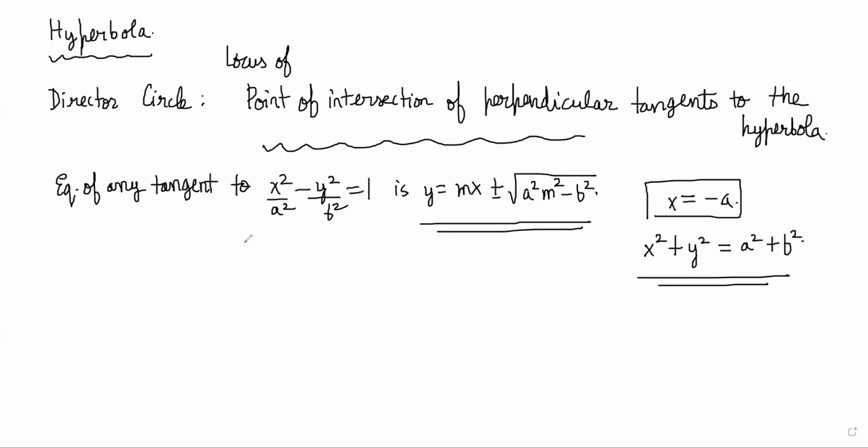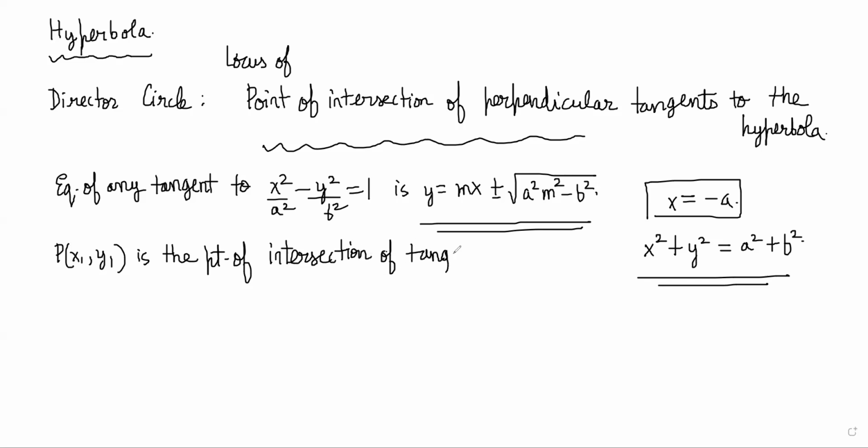Now suppose point P x1 y1 is the required point of intersection. So P x1 y1 is the point of intersection of the tangents. In that case, the point P will lie on this tangent equation, and therefore we can write y1 is equal to mx1 plus minus root over a square m square minus b square.